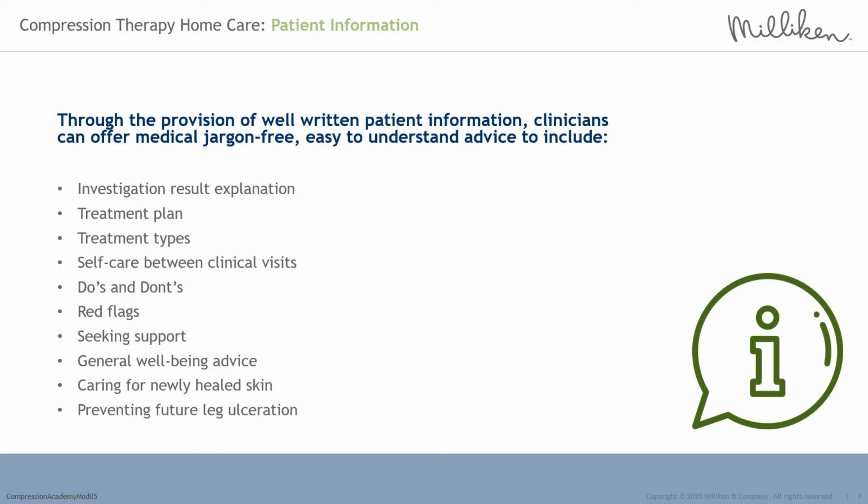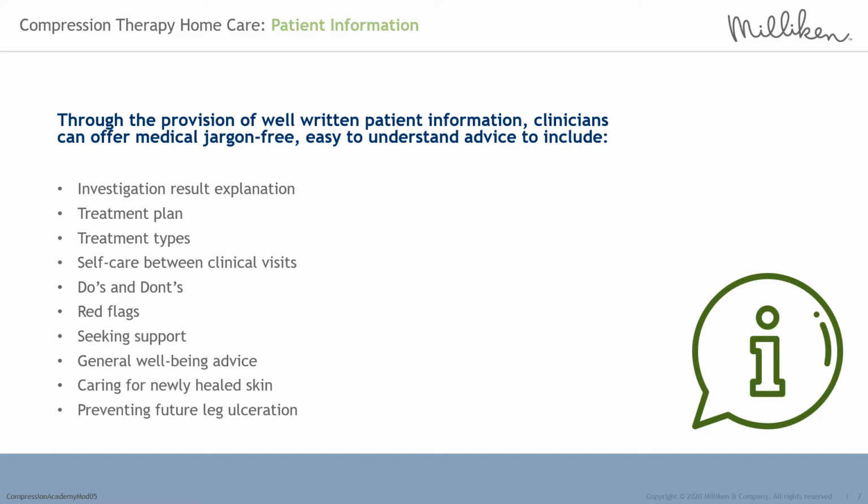Patient information. This is an essential aspect to ensure your patient fully understands their disease, diagnosis, correct treatment, and what is normal or not normal, what they need or can do, when and how.